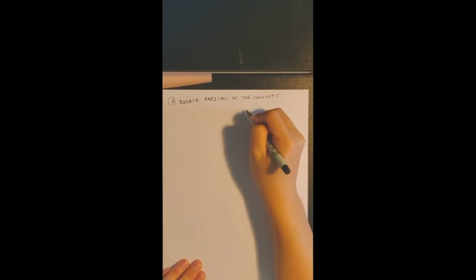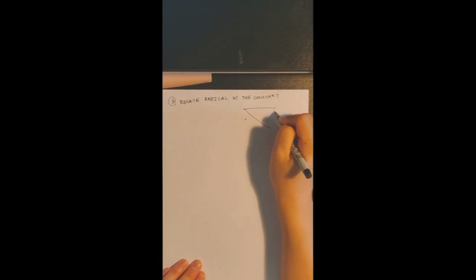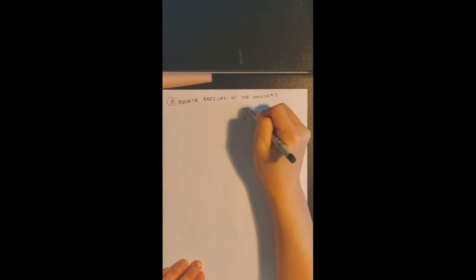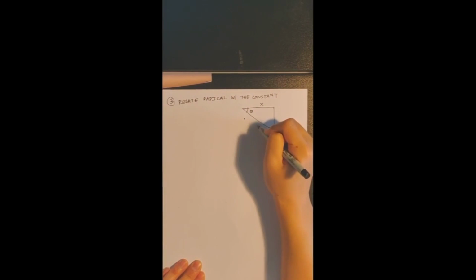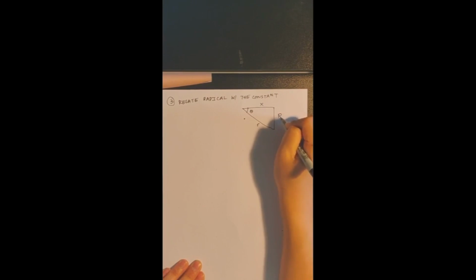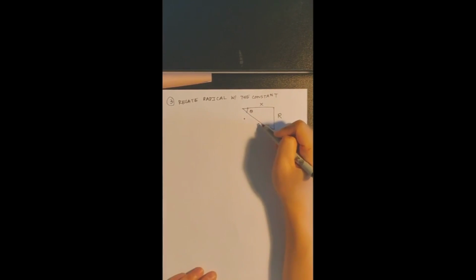And then we just redraw the same triangle that we've been using: theta, x, r, and R. So in this case, like I said before, tiny r is our radical, while big R is our constant. That means we need to relate this term with this term.